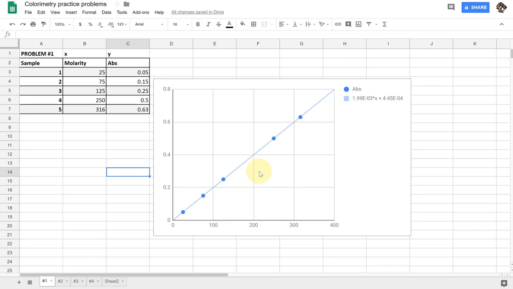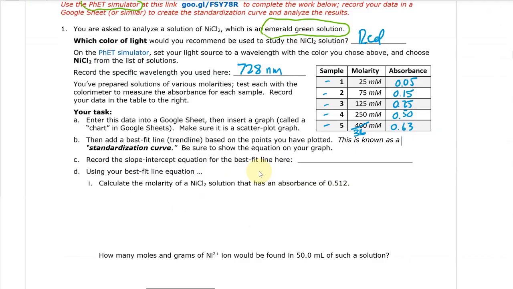Y equals that. So I'm going to write that on my answer sheet there. 1.99 times 10 to the negative 3 x. And yours, if you're using data like this, I'm suspecting you got the same equation that I did, because the simulator at PhET is just a little too perfect. And it's okay. But now that's not the whole equation.